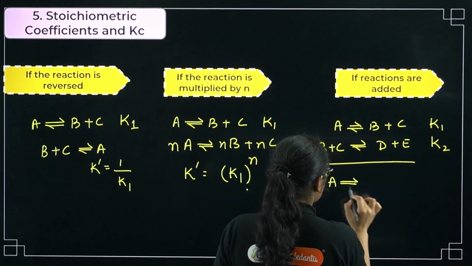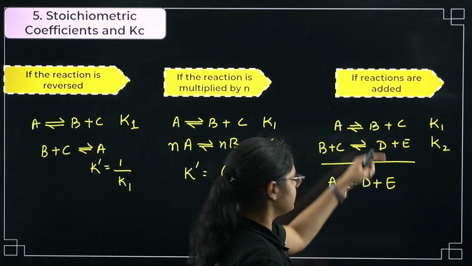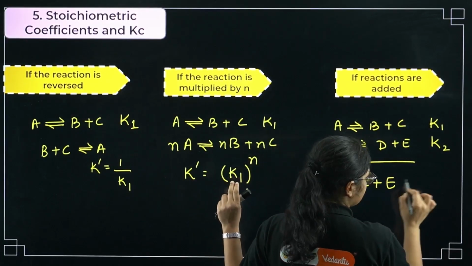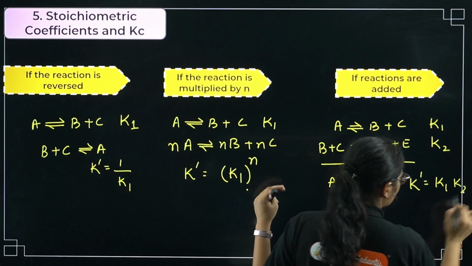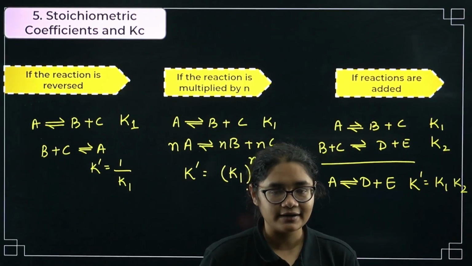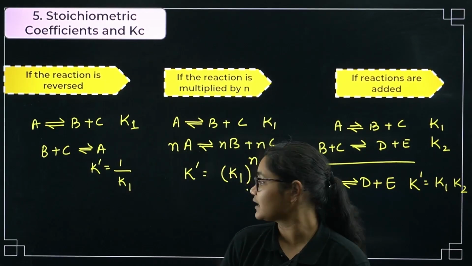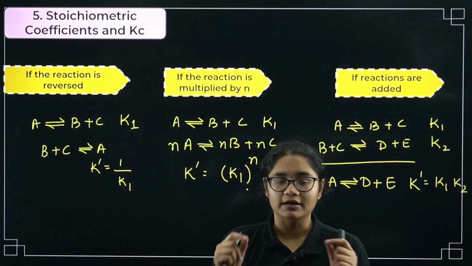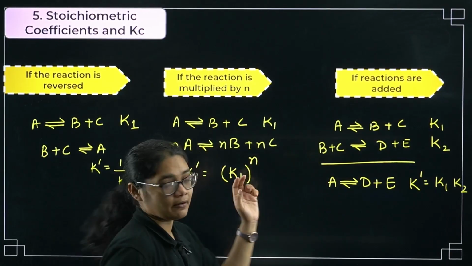A gives you D plus E. When I add these two reactions, the new K dash will be equal to K1 into K2. Please remember this formula is important. When two reactions are added, their equilibrium constants are multiplied. If the reaction is reversed, the K becomes inverse, and if you multiply the whole reaction by a number, it will become K1 to the power of n.